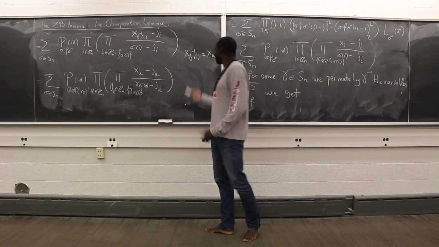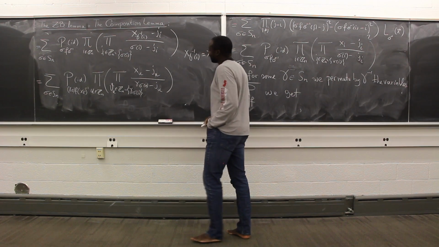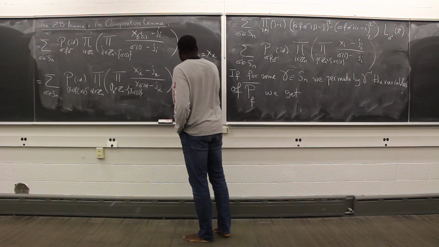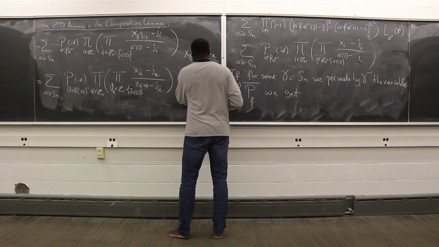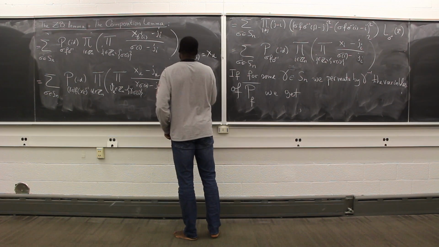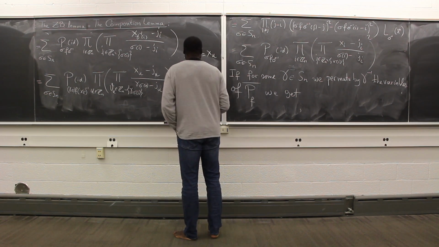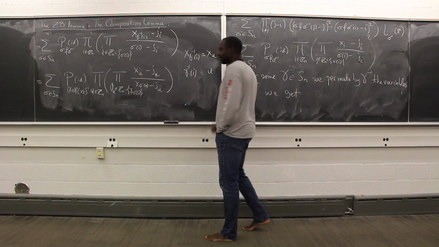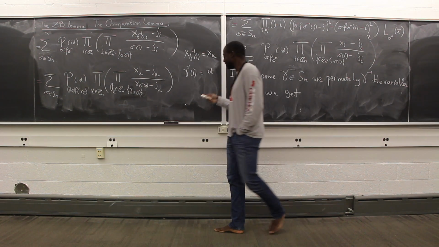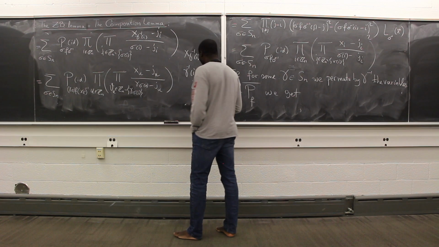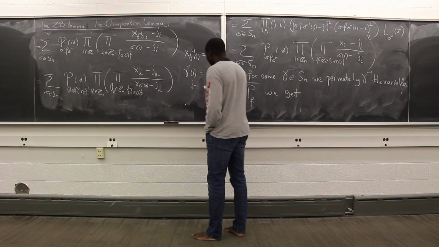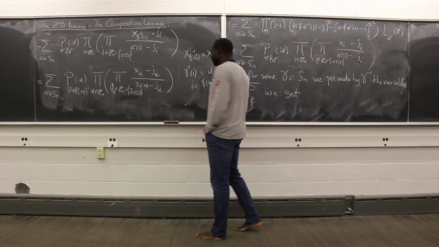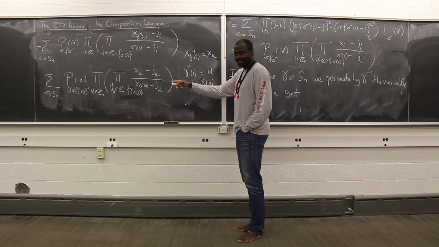Okay. So what does this tell me about I? What does it say about xi? So basically I'm saying gamma inverse of I is U, right? So this means that I has to be replaced by gamma U. Which means this is not correct, right?